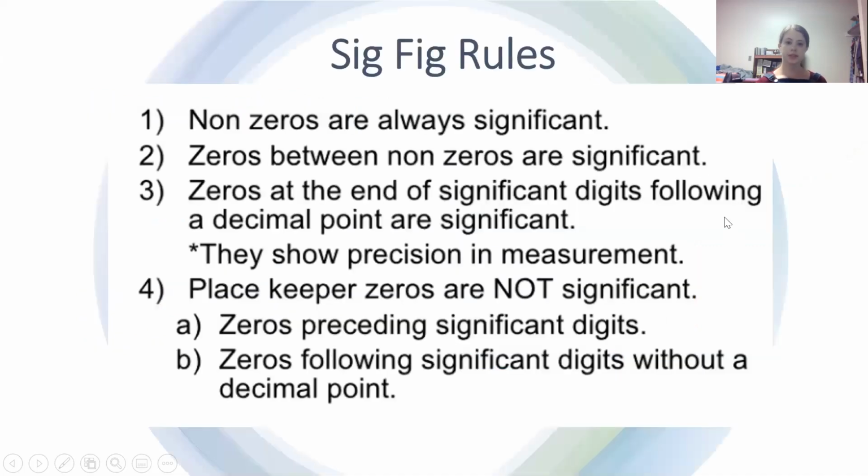Now, these are the rules for SigFigs. Non-zeros are always significant. So any number that isn't a 0 will always be significant. The second rule, zeros between non-zeros are significant. So if you have, for an example, 105, the 0 between the 1 and the 5 will be significant.